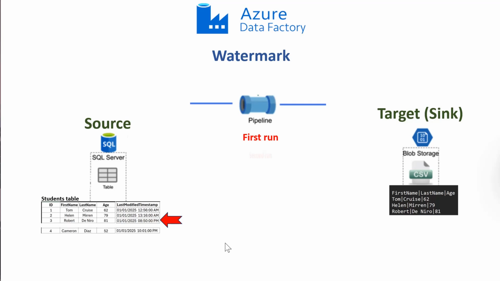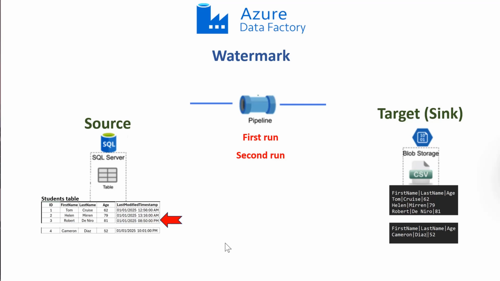If you run the pipeline for the second time, this time we say load all the data in that table greater than the previous mark. This way, only the inserted records move across to the target.